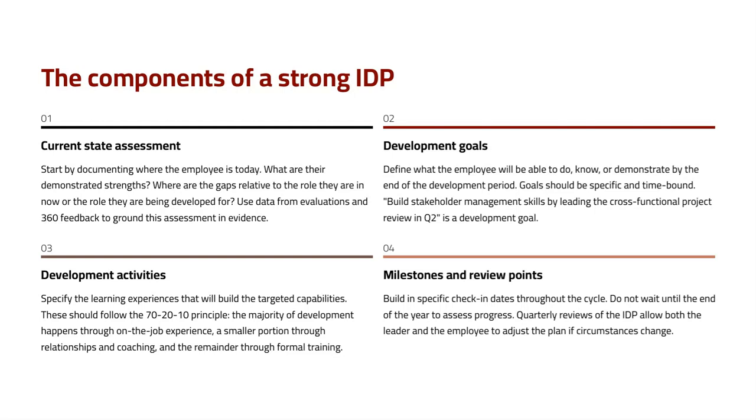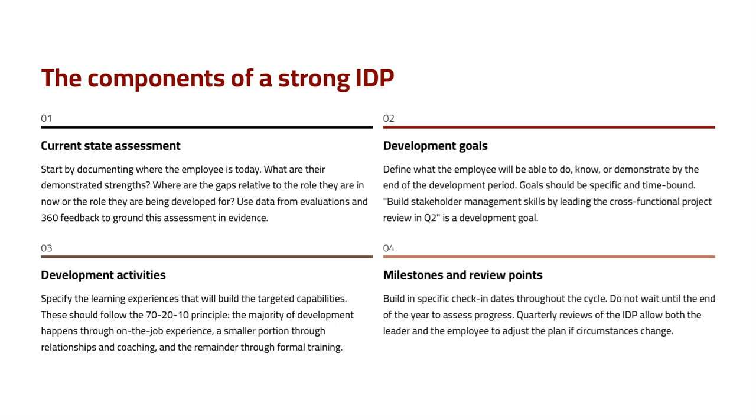A strong individual development plan starts with a current state assessment, where we document where the employee stands right now. We look at their strengths and identify any gaps compared to their current role, or the one they're being prepared for, using evaluations and 360 feedback to keep this grounded in real evidence. Next, we move to development goals. These should be clear, specific, and time-bound.